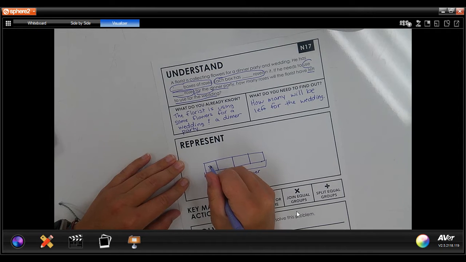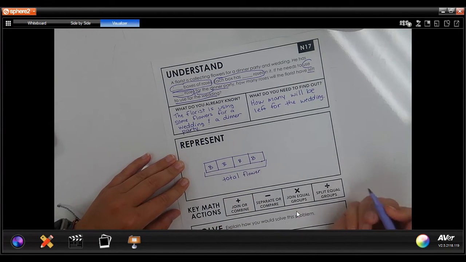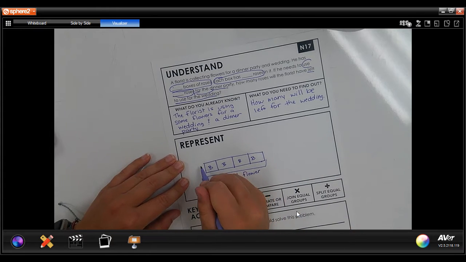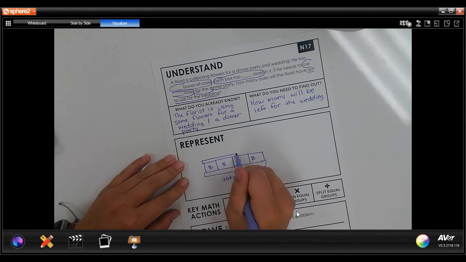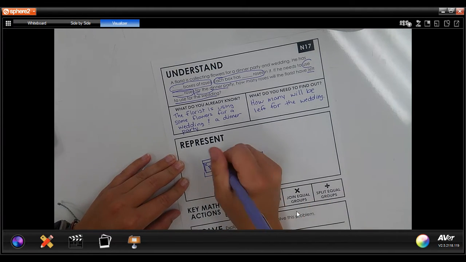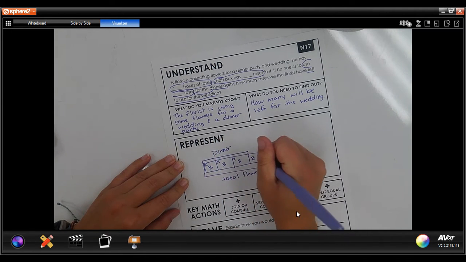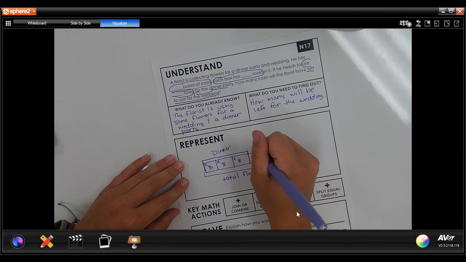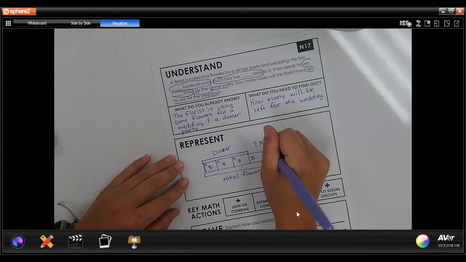Then these are going to be the boxes. And then I'm going to break another piece off. Maybe these ones with X's in them is what he's going to use for the dinner party. And then I'm going to put a question mark here for left for the wedding.